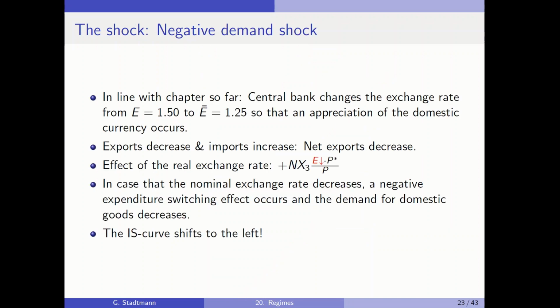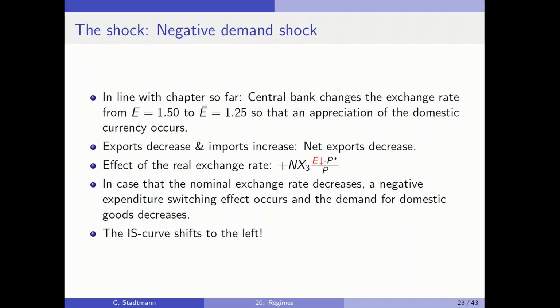We will assume that a negative demand shock occurs, and this should be in line with the chapter so far. So the central bank changes the exchange rate from 150 to 125 so that an appreciation of the domestic currency occurs. Exports decrease, imports increase, net exports decrease.